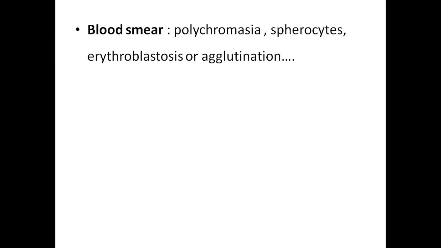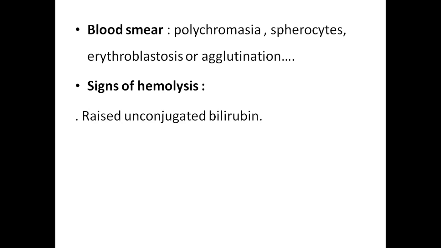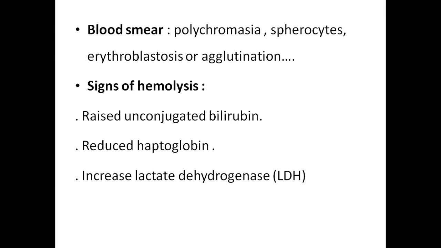Blood smear find polychromasia, spherocytes, erythroblastosis, or agglutination. Signs of hemolysis: raised unconjugated bilirubin, reduced haptoglobin, increased lactate dehydrogenase.